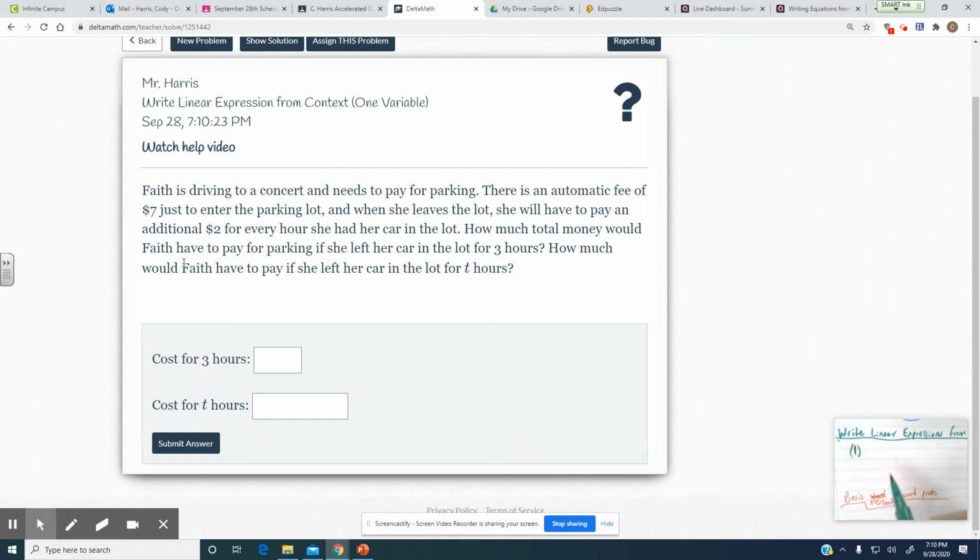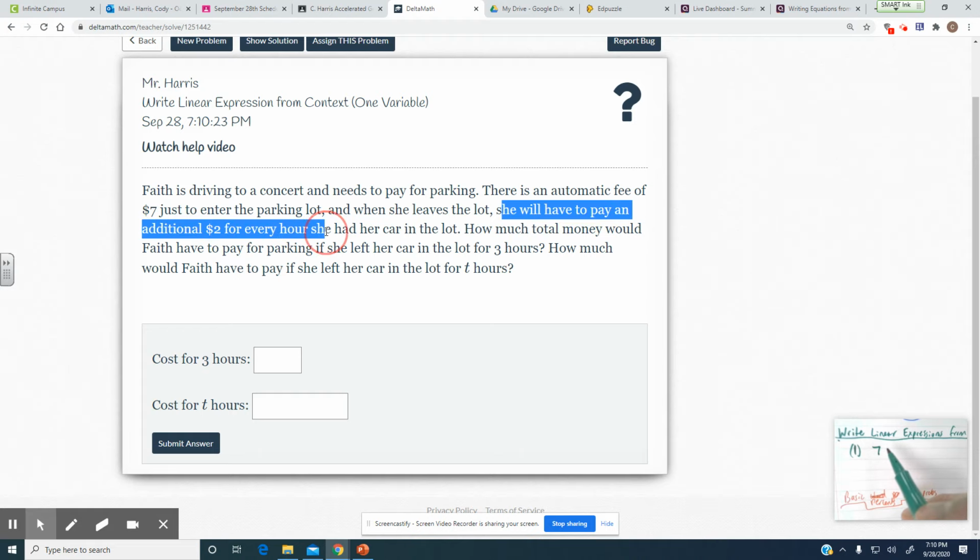Faith is driving to a concert and needs to pay for parking. There's an automatic fee, she's got to pay it no matter what, of $7. So 7 just to enter the parking lot. When she leaves the lot, she will have to pay an additional $2 for every hour she stayed in the lot. So 7 plus 2 times the number of hours.